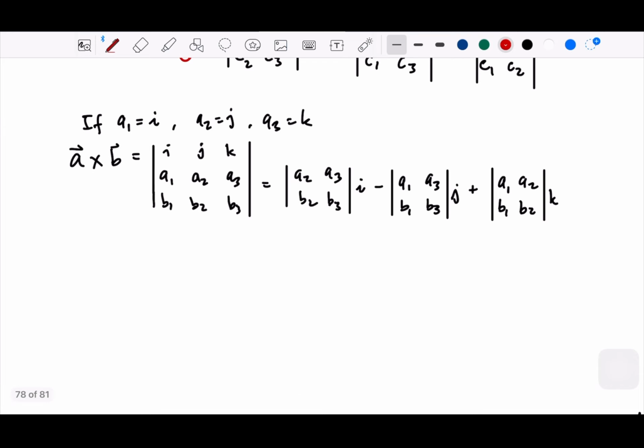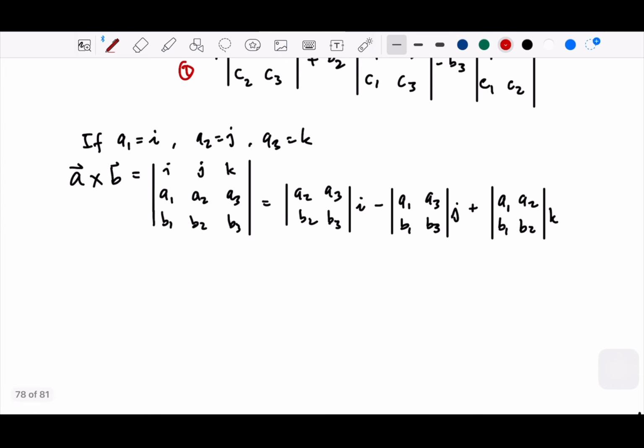Okay, back to the matrix and the determinants. So this is how we usually take the cross product. But anyway, I have my suggestion.